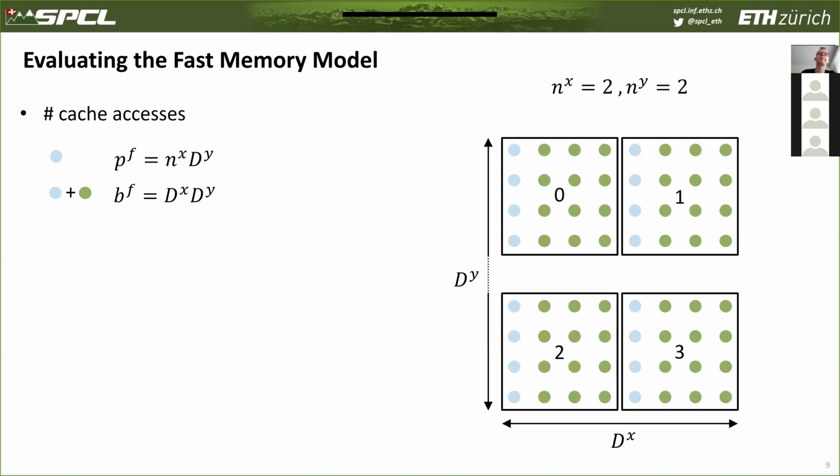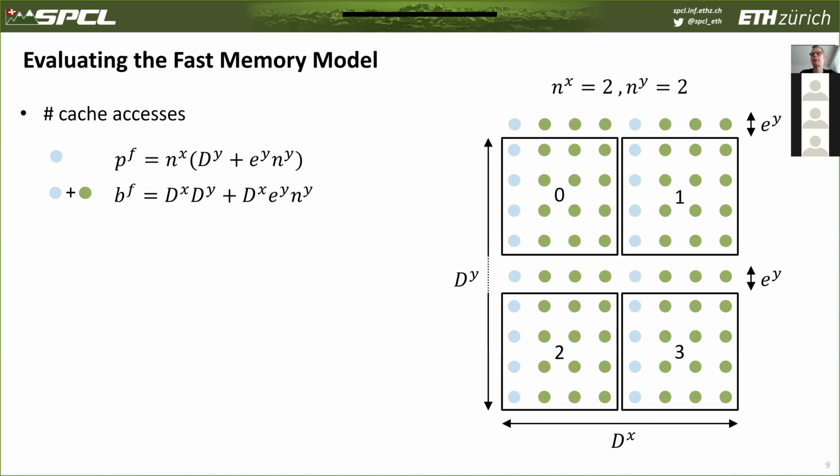And for the peel cost, or the blue points, it is just nx times D. Now this is a simple case because we may also have some boundary, as we have seen in the beginning, that we sometimes need to compute outside of the boundary of the tile.